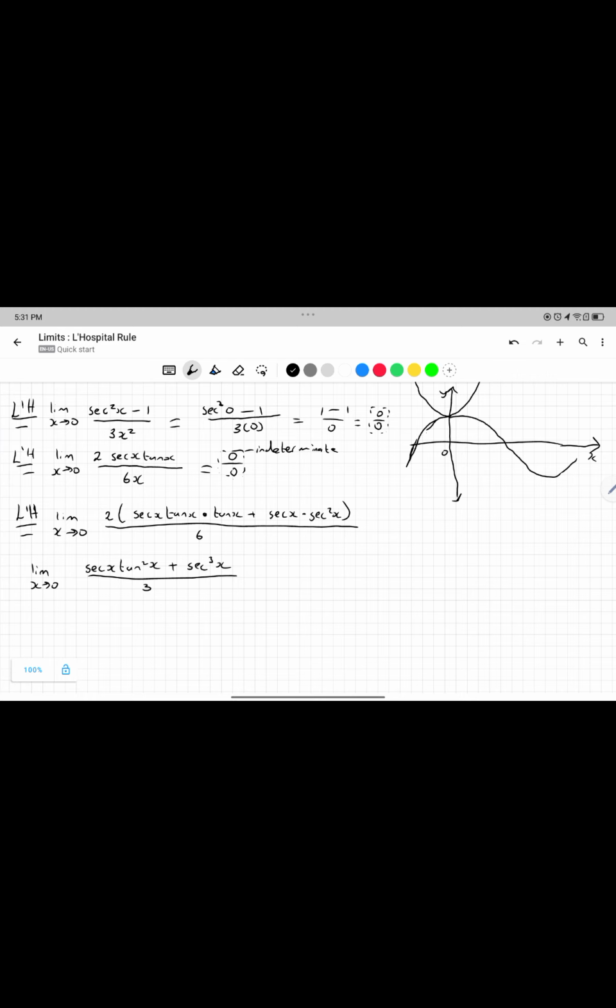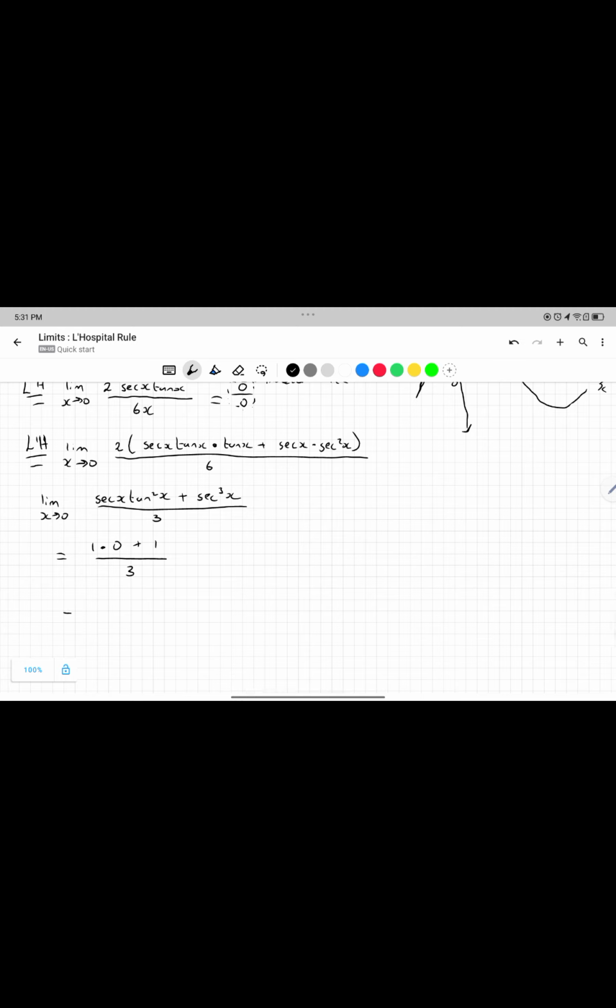So what that means is we have secant x, which is 1, times tan squared x, which is 0, plus secant cubed x, which is 1 cubed, all over 3. Which our answer is going to be thus 1 over 3. So yeah, that's that.